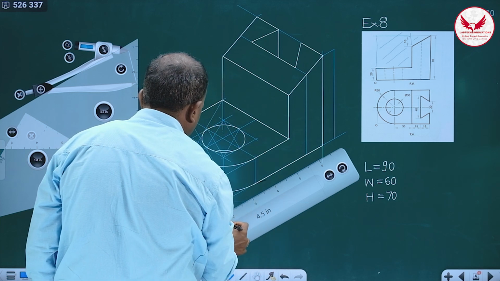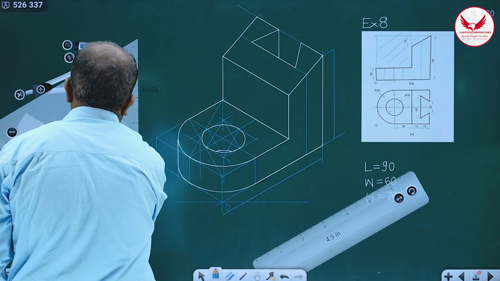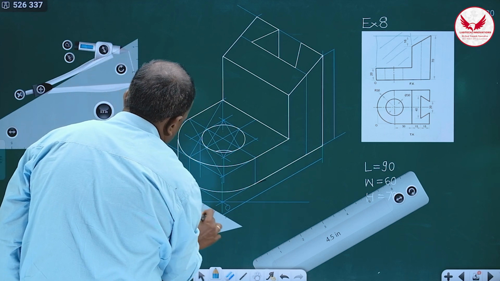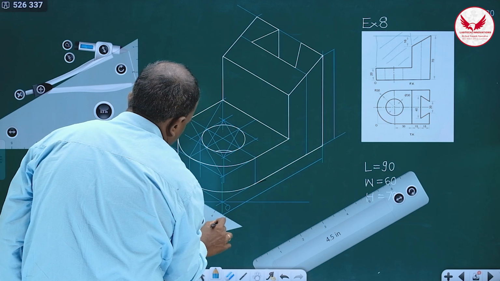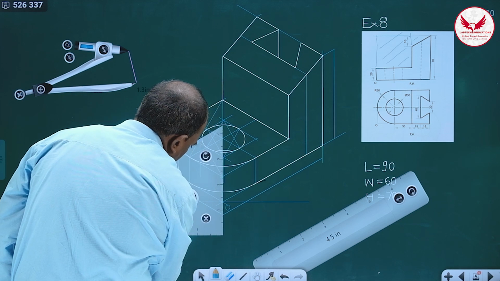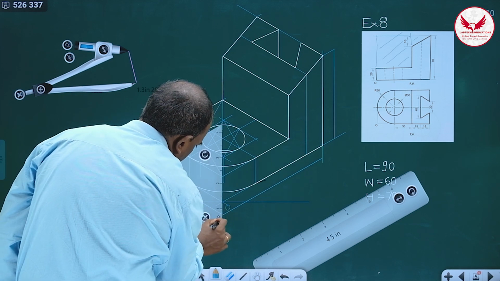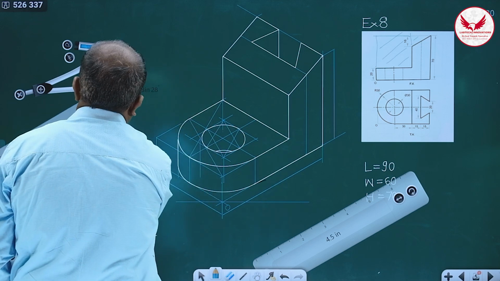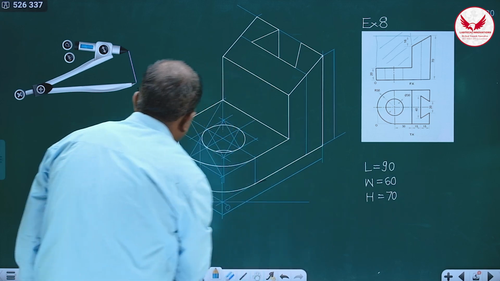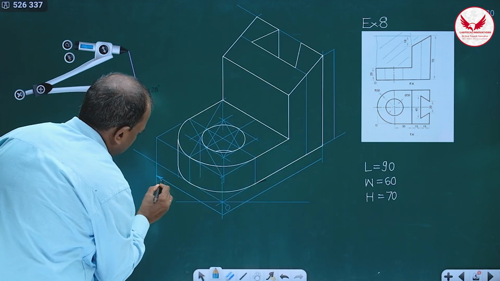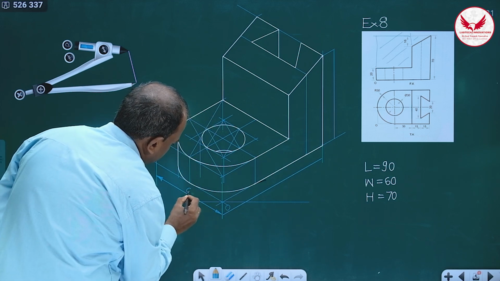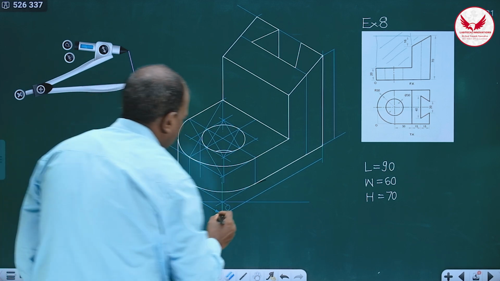So this line, and this line. Dimensioning is also an important part of drawing. We should be serious about it also. So it is 60 centrally.